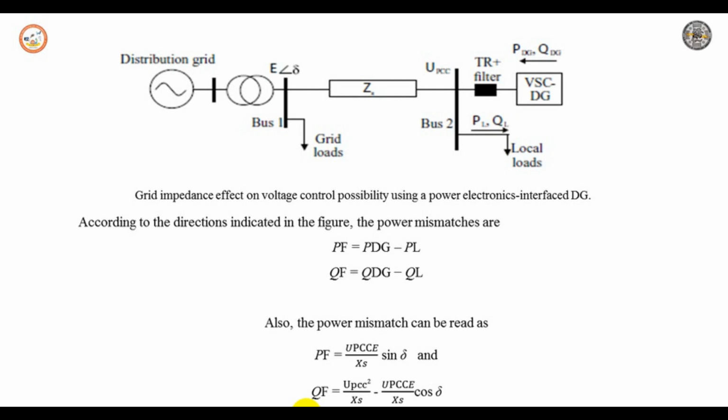Z S represents the short circuit impedance as seen from the PCC.